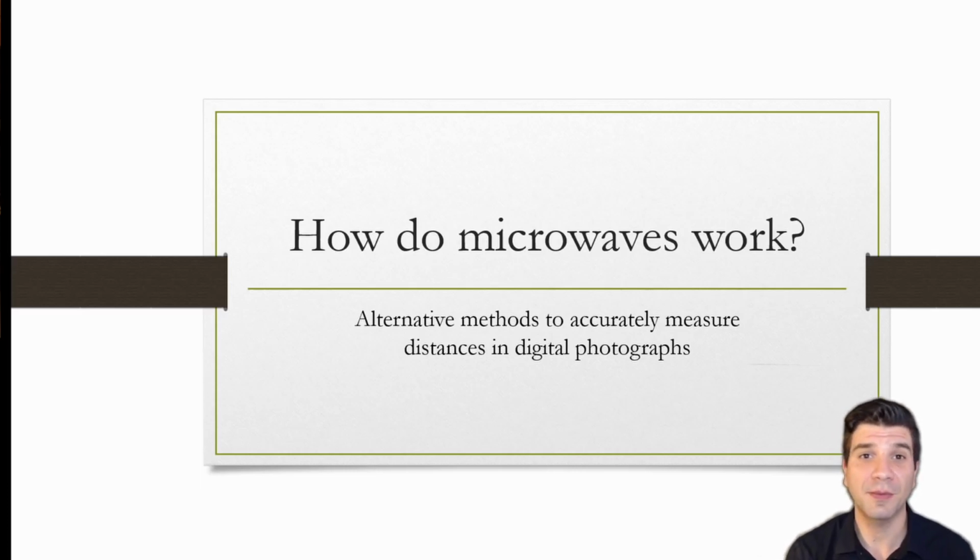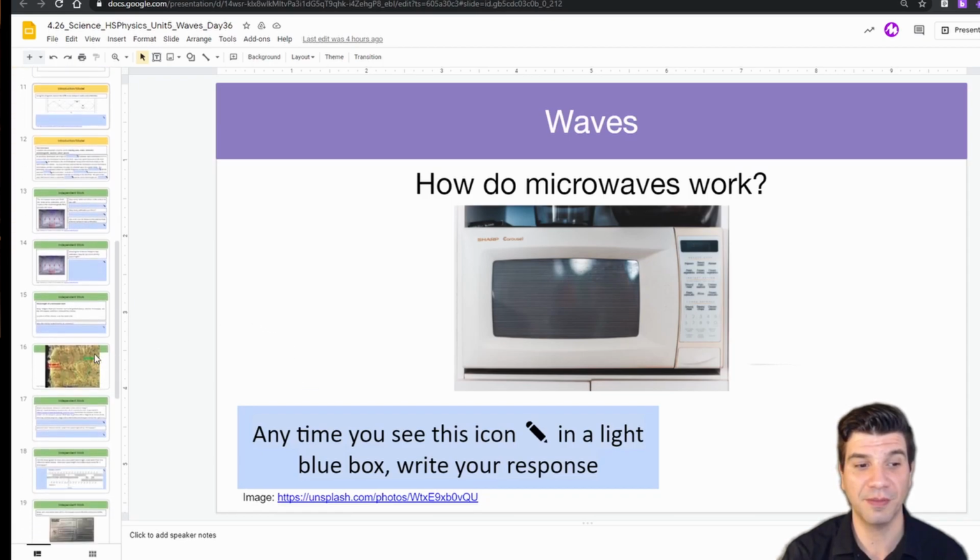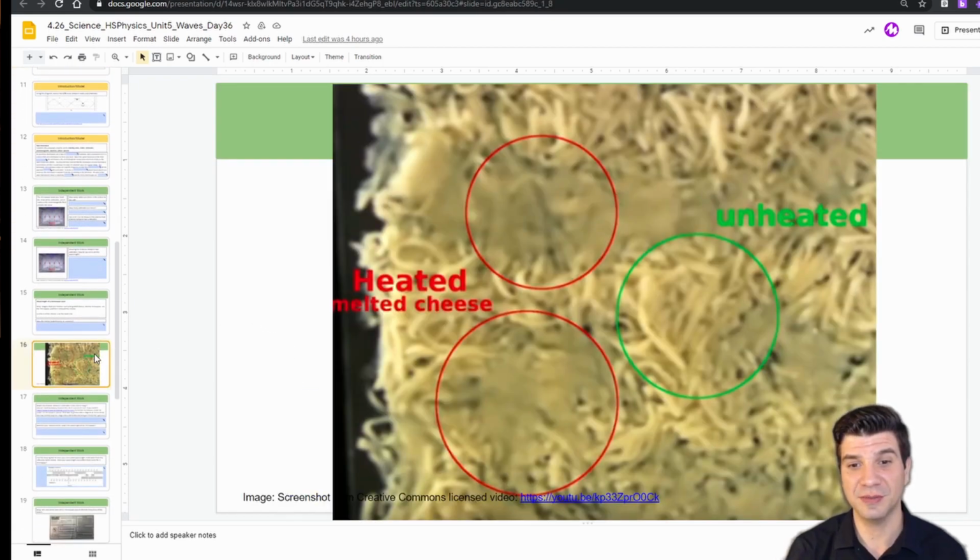I just wanted to take a couple minutes and give you some instruction on how to measure distances on the screen if you don't have a physical ruler. So taking a look back at today's notes, we're looking at a sample of cheese that was put through a microwave, and since it was spread out over a wide area, you could see the areas where the cheese was heated and was unheated.